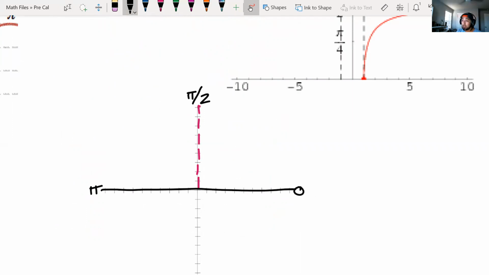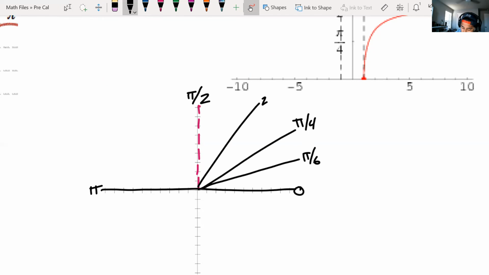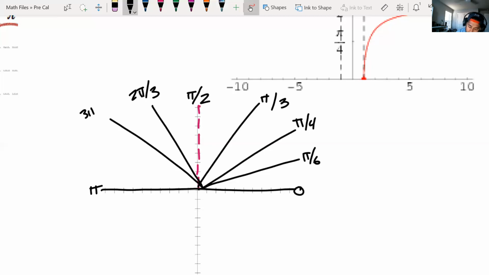But the secant, just like inverse cosine, lives in quadrants 1 and 2. So again, your values are pi over 6, pi over 4, pi over 3, 2 pi over 3, 3 pi over 4, and 5 pi over 6.